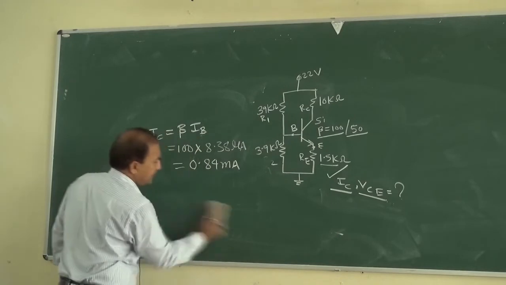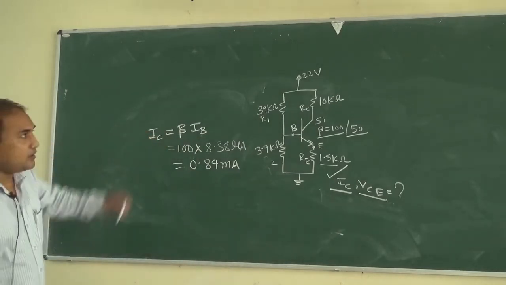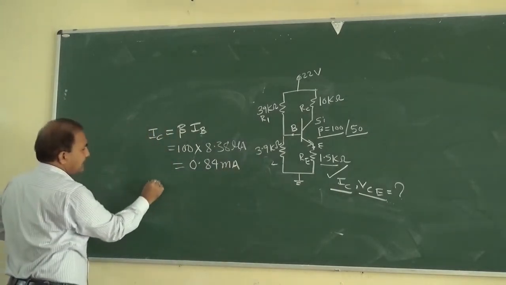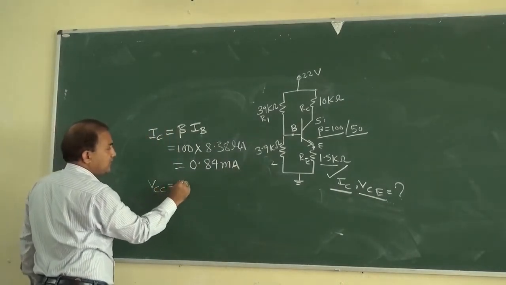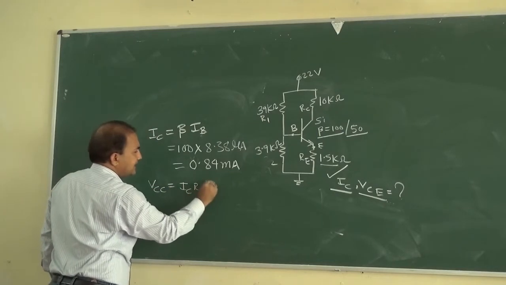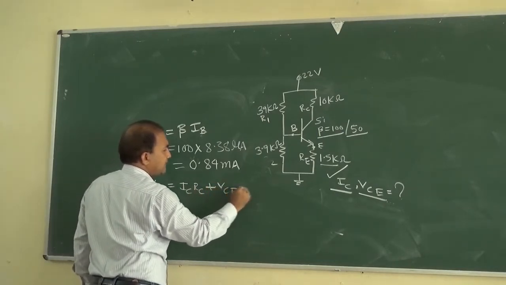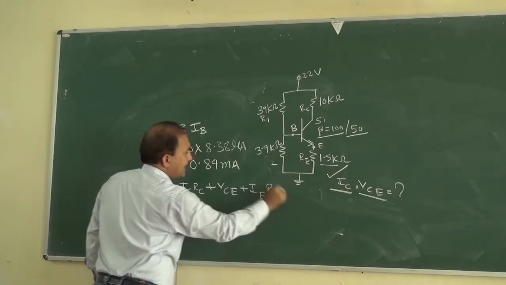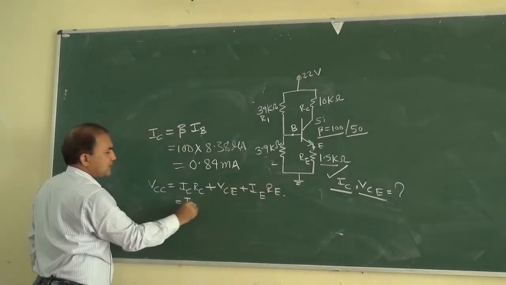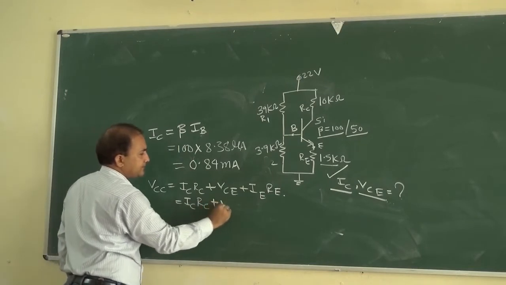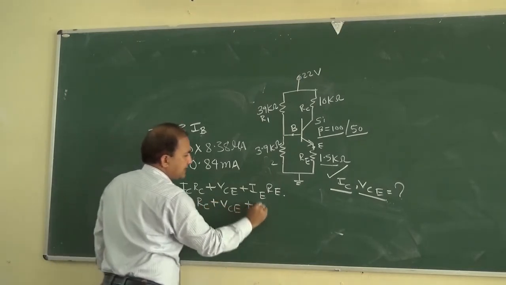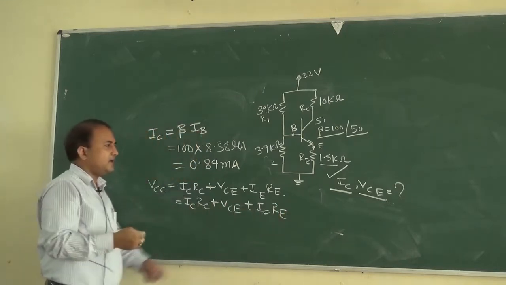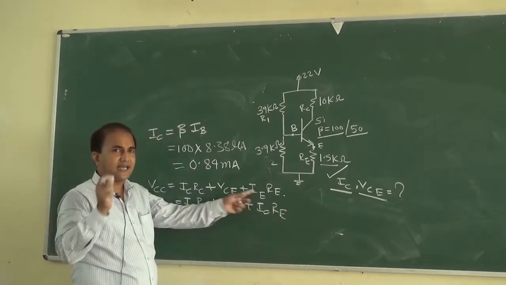Then how to determine VCE? In the output loop we can write VCC is equal to IC RC plus VCE plus IE multiplied with RE. So we can also write like this, plus IC into RE, because IC and IE both are same.